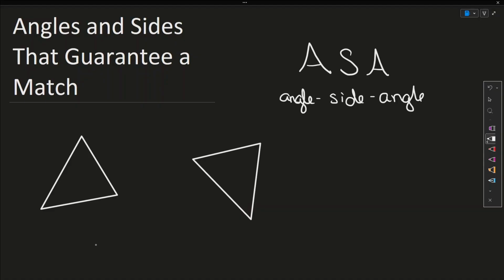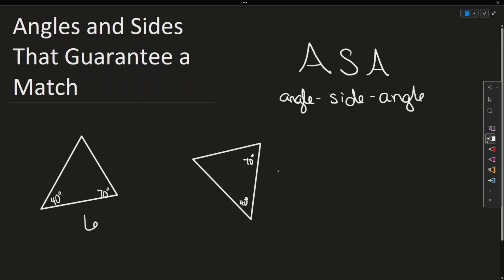Now, let's think about a non-congruent example related to ASA. Let's once again suppose this triangle has a 40-degree angle, a 70-degree angle, and the side between those is 6. Triangle B, on the other hand, still has a 40-degree angle and a 70-degree angle.